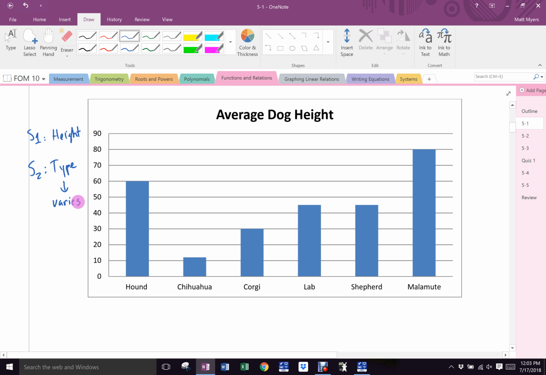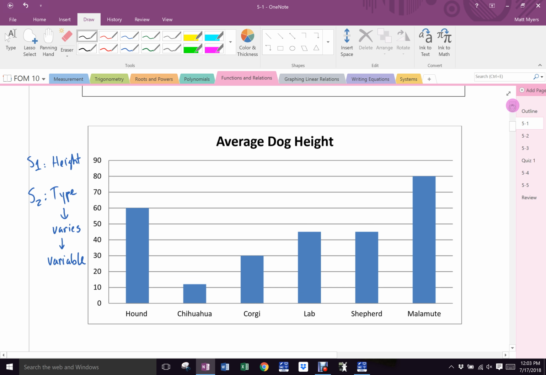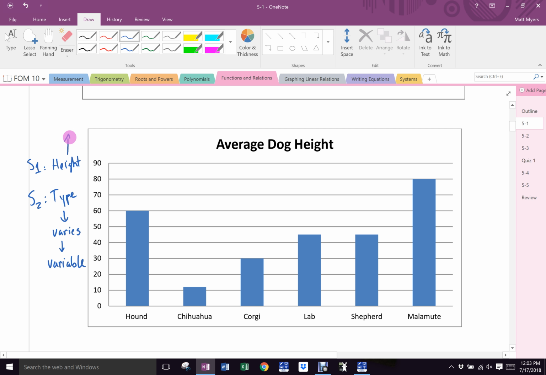So if it varies, this must be represented in math with a variable. Because variables are things that change. Everyone agree? Okay. Does the height of the dogs change? Sure it does. So the height also varies. So the height also gets a variable. Does everybody understand?